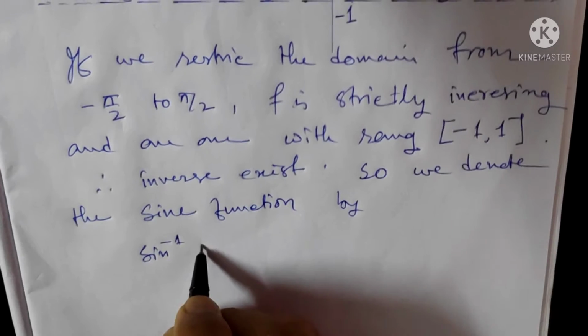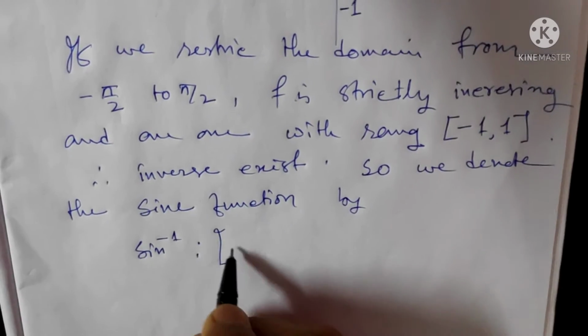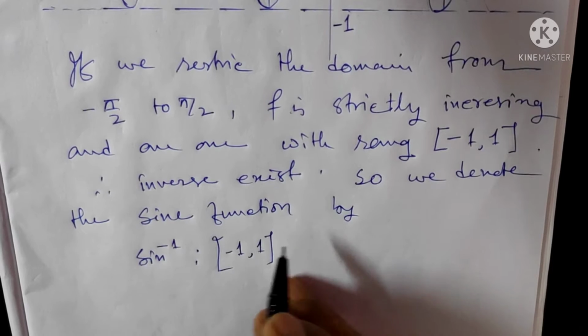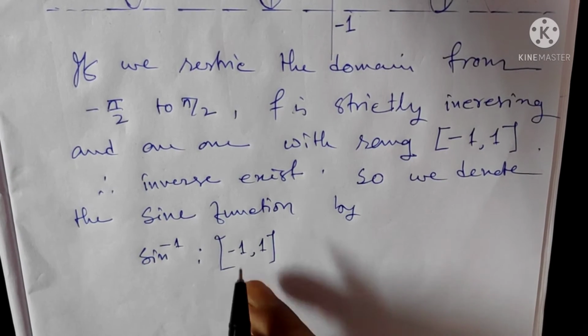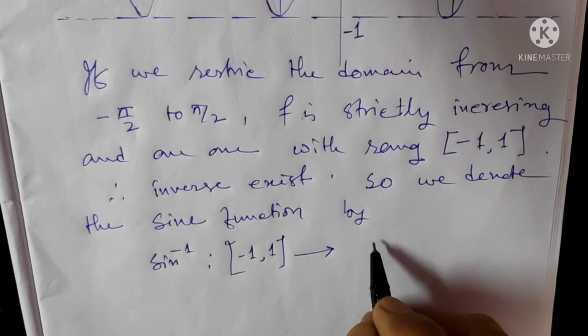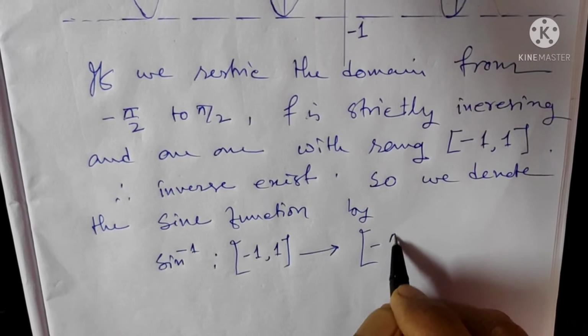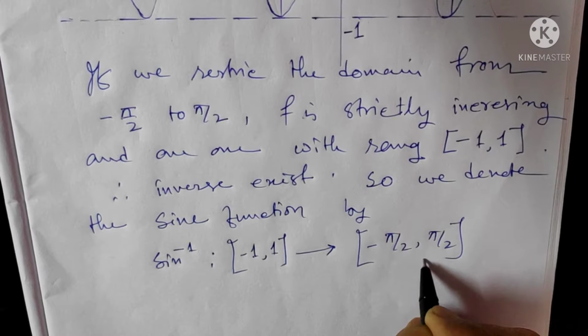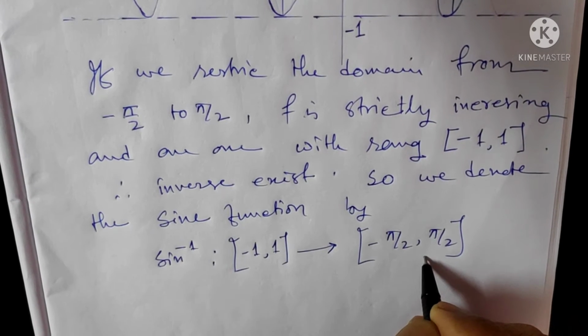Such that minus 1, 1 is the domain for the inverse function, and minus pi by 2, pi by 2 is the range for the inverse function.